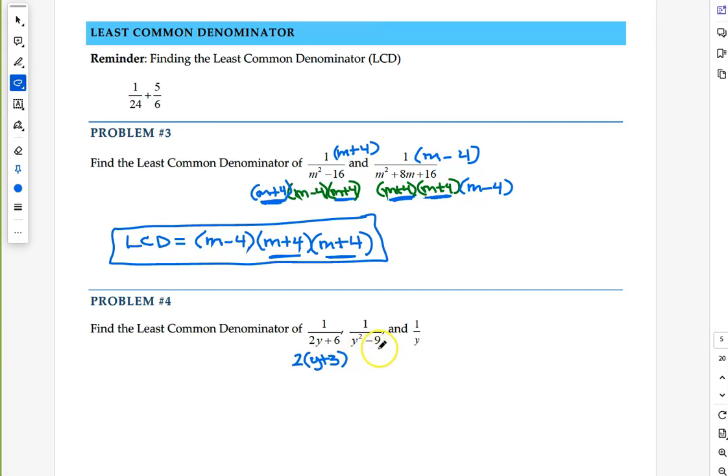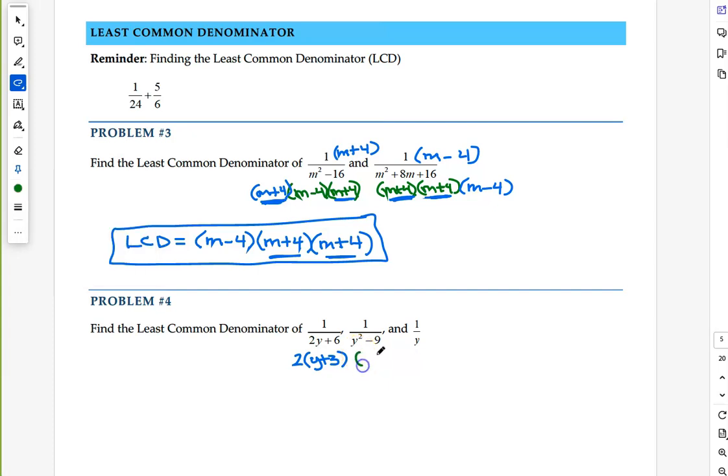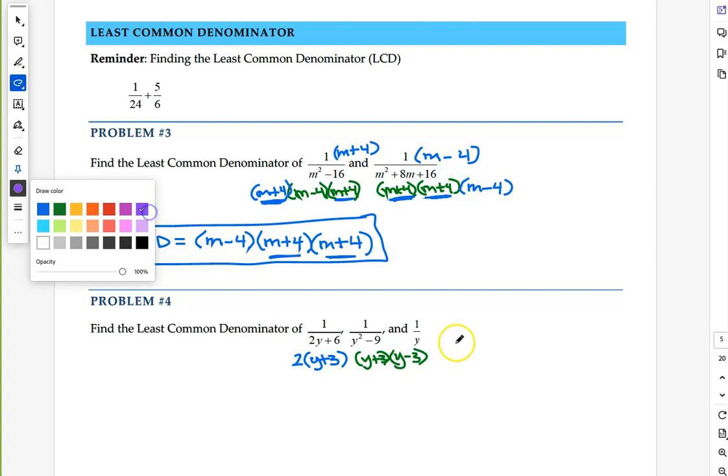Okay, what about y squared minus 9? I'm going to do it in a different color, maybe. How does this one factor? Well, it's a difference of squares, so we're going to have y plus 3 and y minus 3. And then that last one that I have, let's see, I'll put it in purple, is just y.